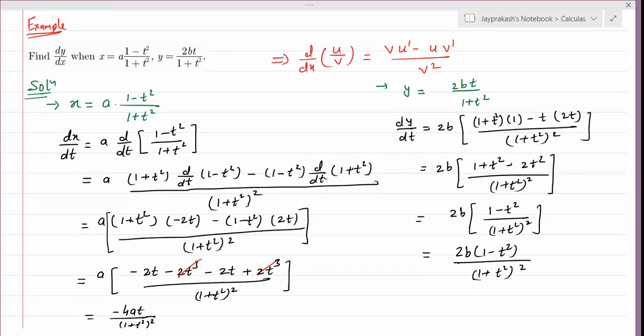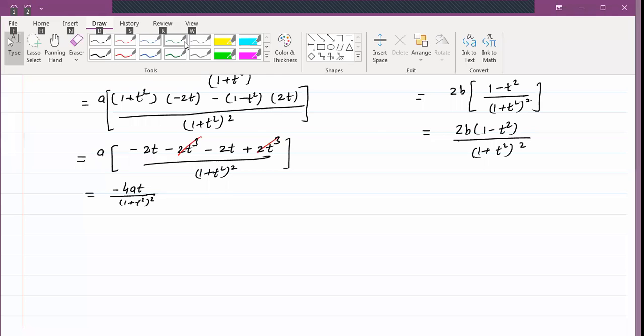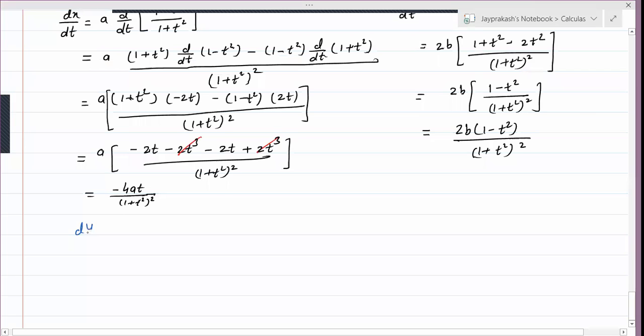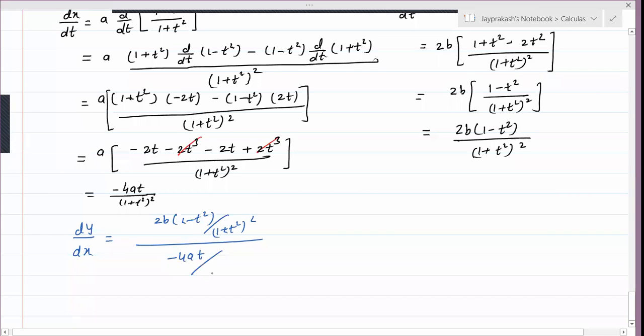So here we have calculated dx by dt and dy by dt. Finally, we need to find the dy by dx. So now to calculate the dy by dx, we write 2b (1 minus t square) upon (1 plus t square) whole square, then whole upon minus 4at upon (1 plus t) whole square.